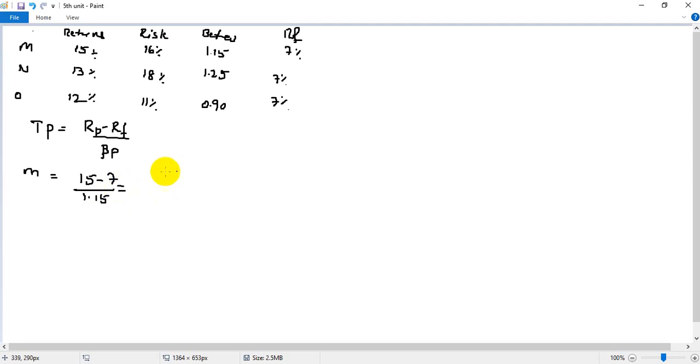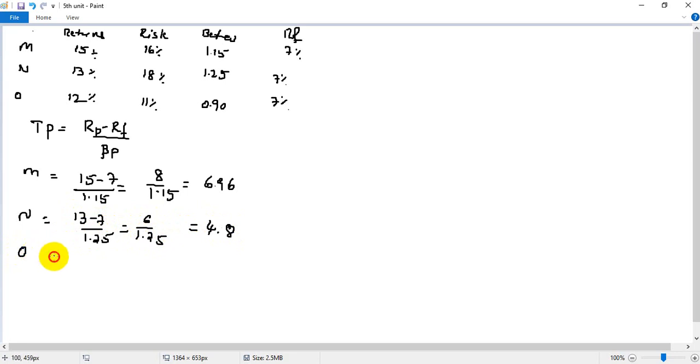It will come to 8 divided by 1.15, so it will be 6.96. For N it is 13 minus 7 divided by 1.25, 6 divided by 1.25, it will come to 4.8.